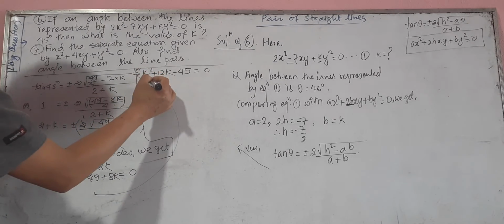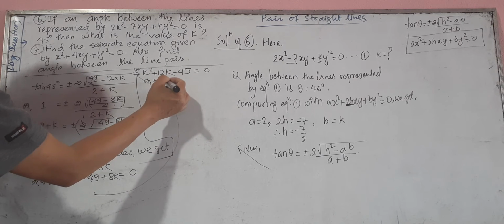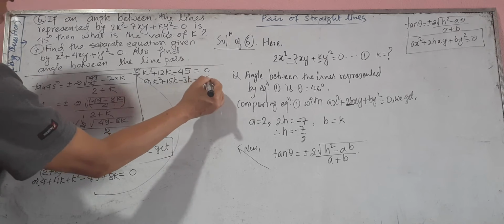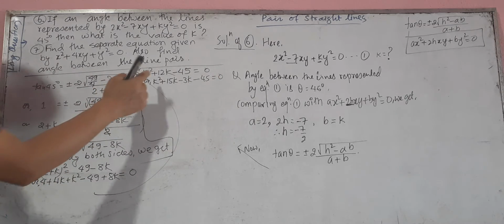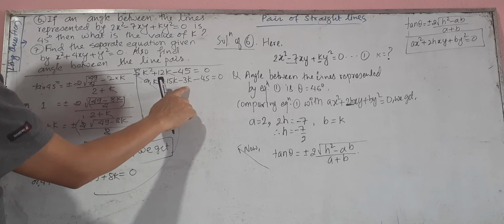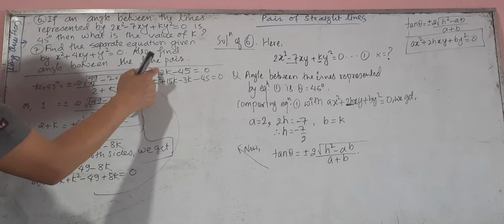Now we can factorize it: k square plus 15k minus 3k minus 45 equal to 0. We have split 12k into 15k minus 3k, because 15 times 3 equals 45 and 15 minus 3 is 12.